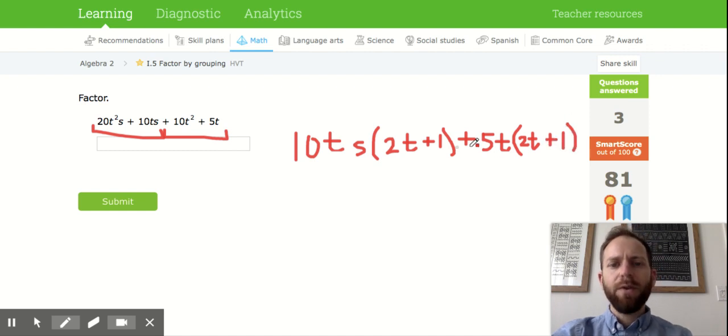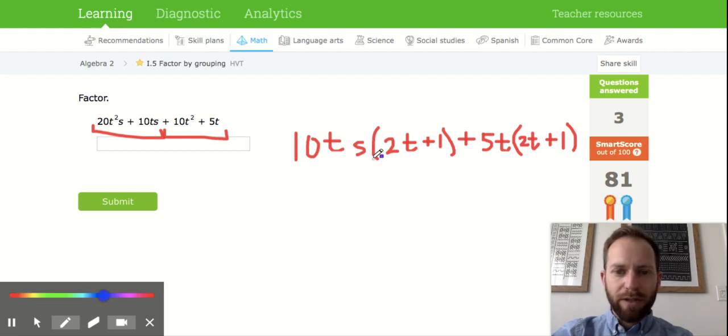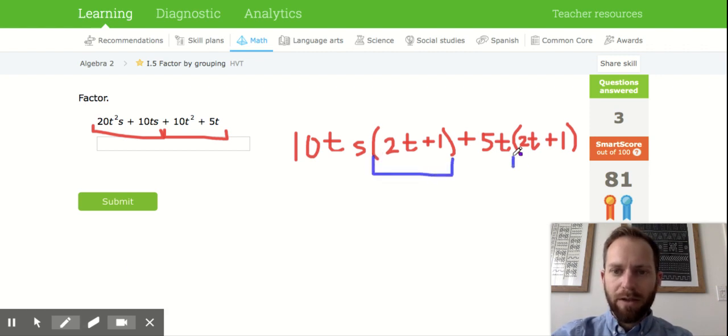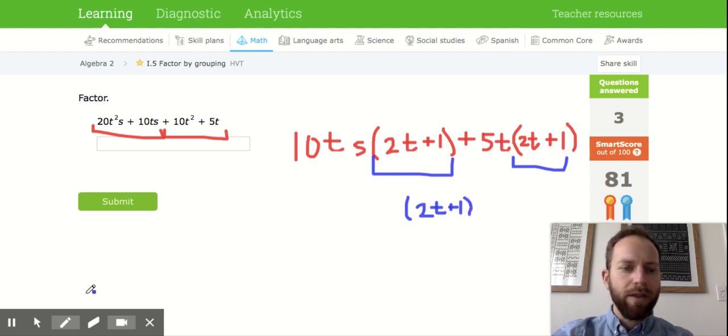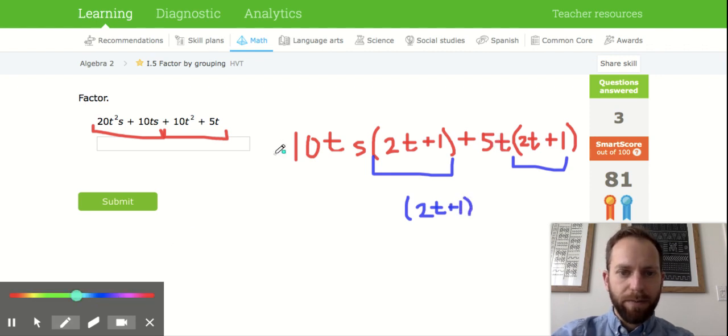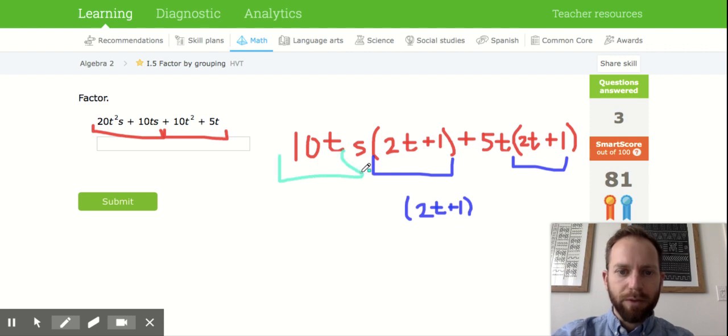All right, so that's our first step, but we can actually go a little further now, all right? So let's do the same thing first. We'll combine these, right? You can just write it once, 2t plus 1. If we write this in parentheses together, 10ts plus 5t.